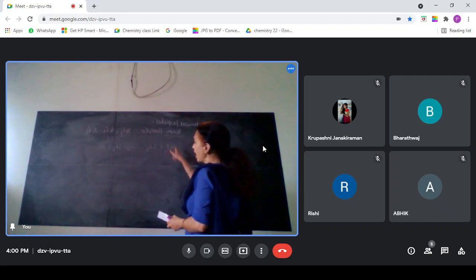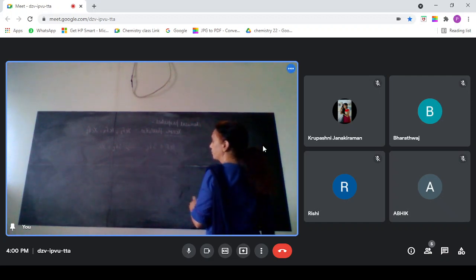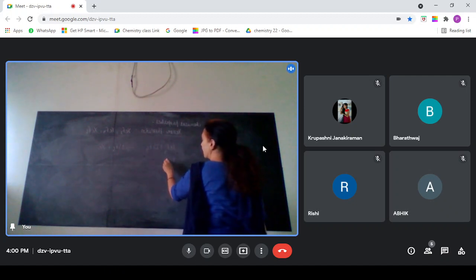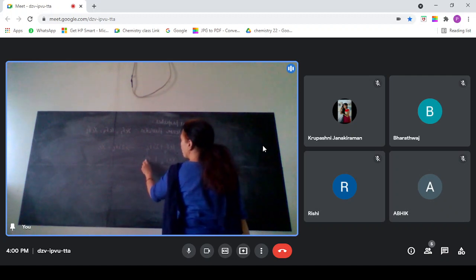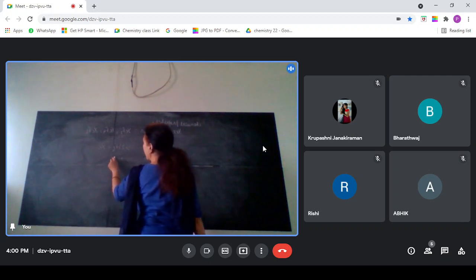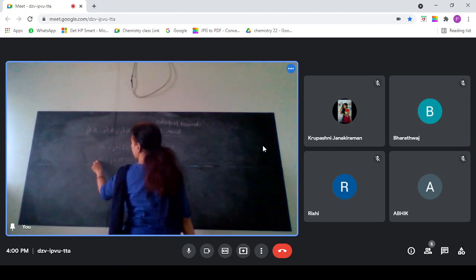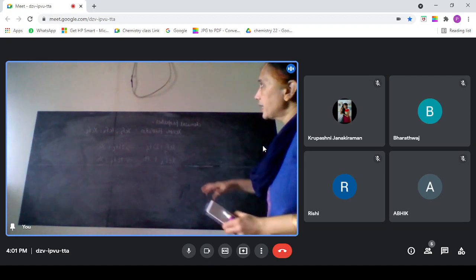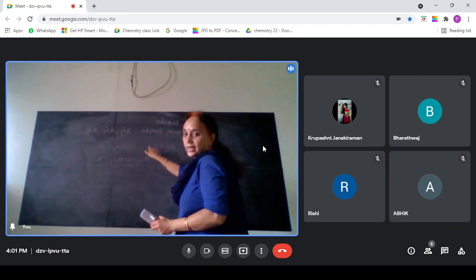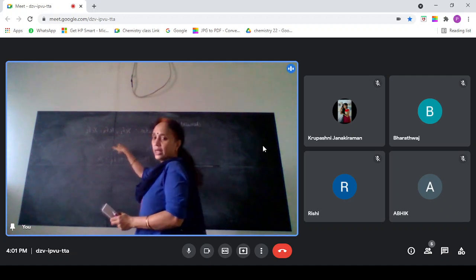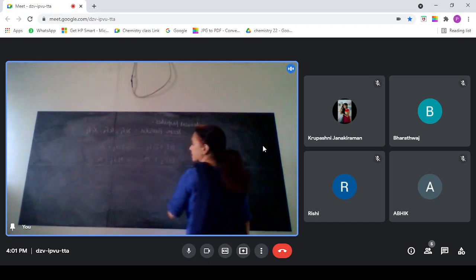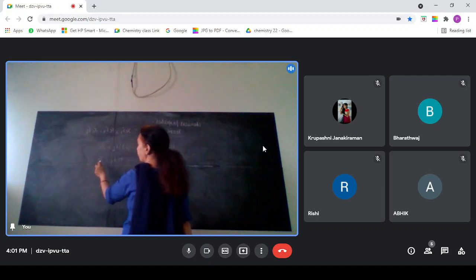That is, they add fluorine to the other compound. 2 and 2 balanced. Now another reaction, XeF4 plus platinum giving PtF4 plus Xe. I repeat the reactions. First reaction, XeF4 plus 2SF4 giving 2SF6 plus Xe. They have fluorinated SF4 to SF6. Then second, XeF4 plus platinum giving PtF4 plus Xe.